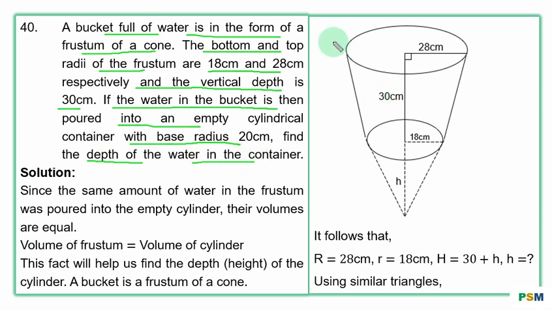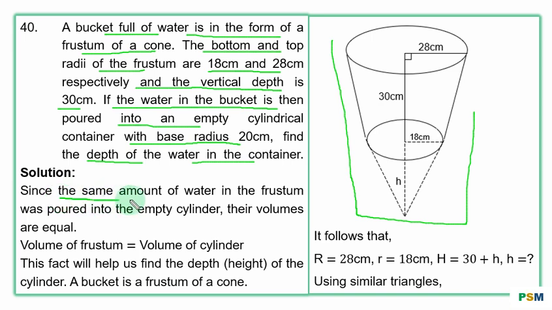Solution. This diagram represents the given information, that is the bucket of water. When you add the smaller cone, you have the larger cone. The bucket of water is the frustrum of the cone.